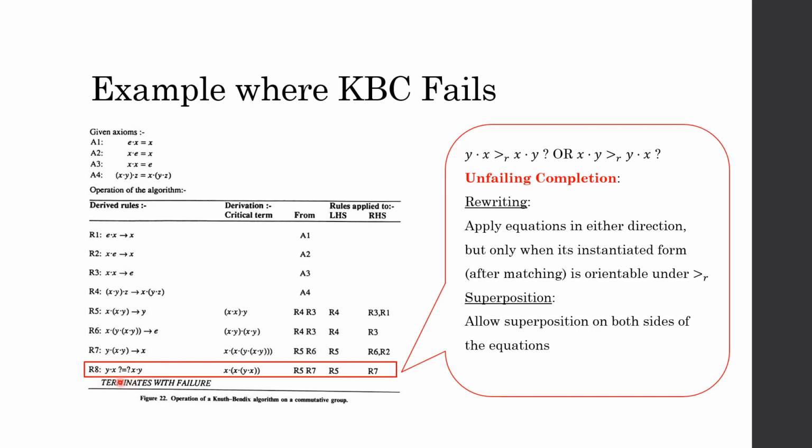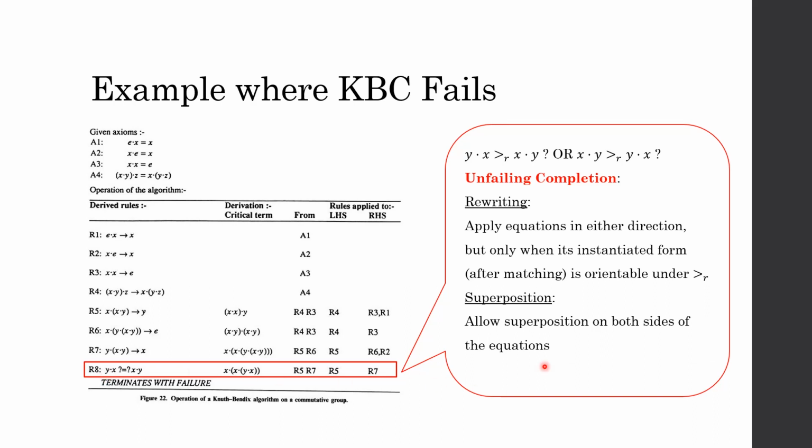Because after instantiation it must be orientable under the reduction ordering, after we rewrite from left to right, you cannot rewrite from right to left, as you cannot orient with the ordering again, so it would get stuck.